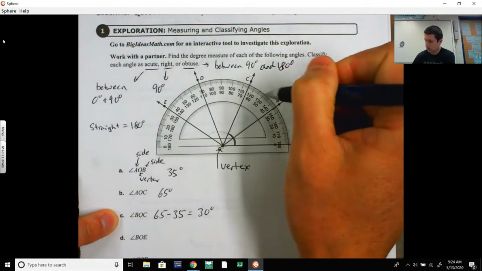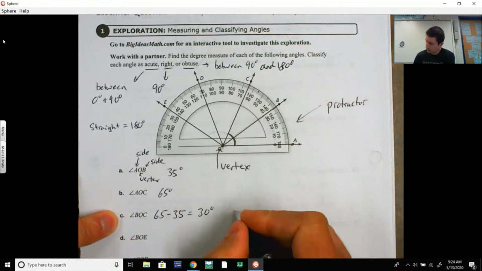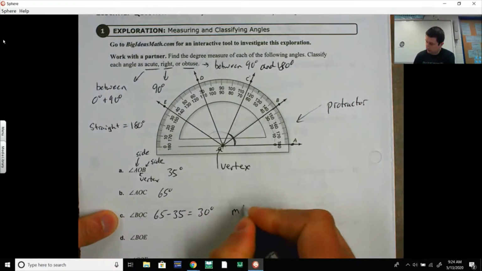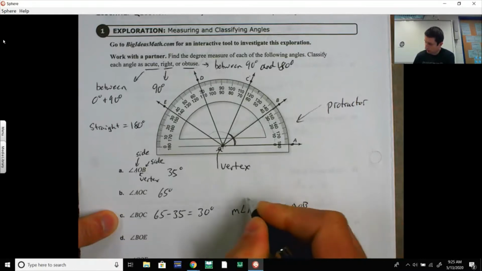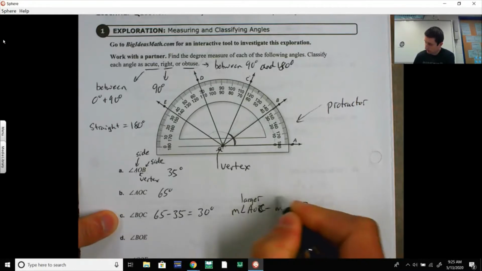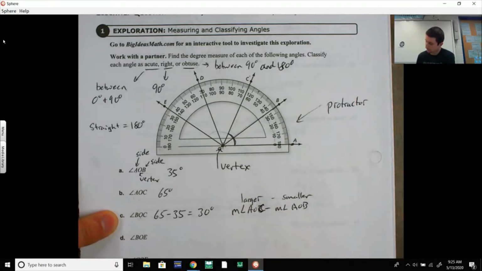So 10, 20, 30. So this would equal the measure of angle AOC minus the measure of angle AOB. So the larger one minus the smaller one.